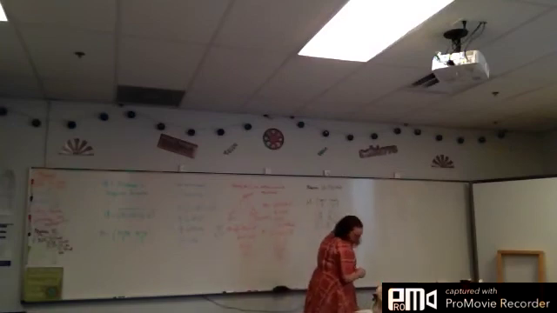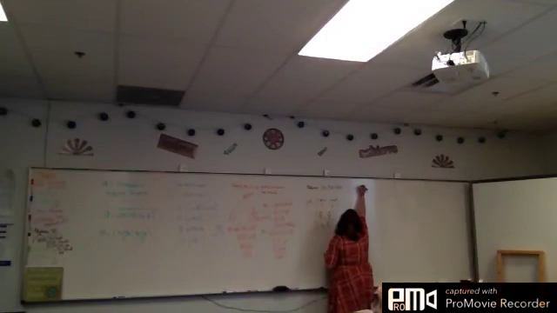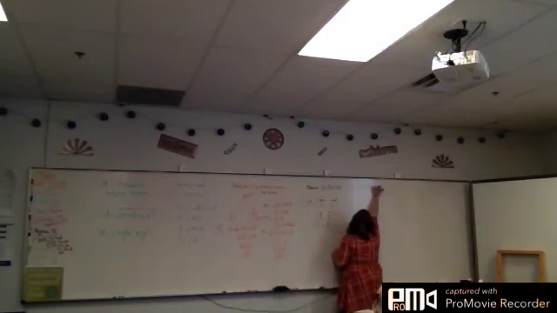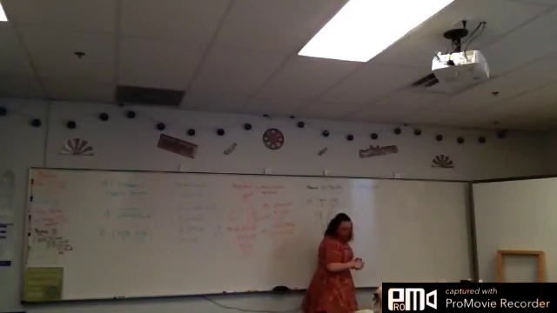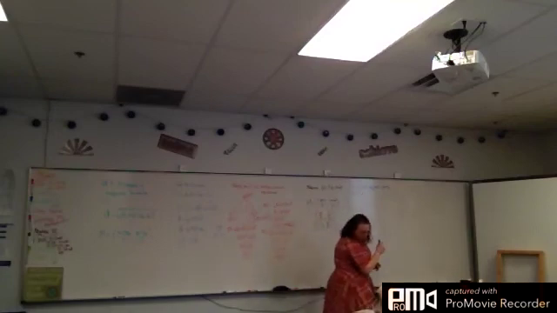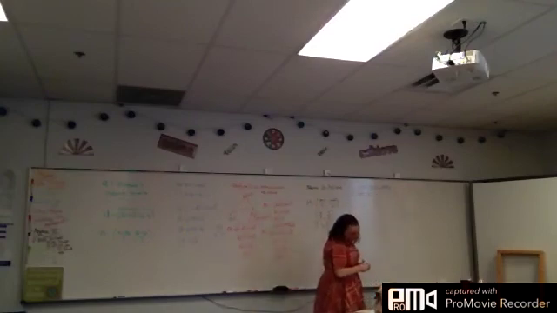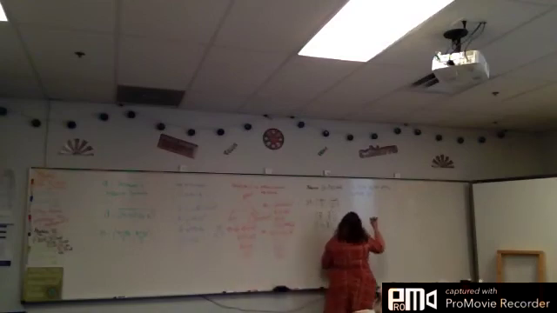So let's say it says, write an equation for the perpendicular bisector of the line segment joining A, which is -3, 4, and B, which is 5, 6, and they want an equation.